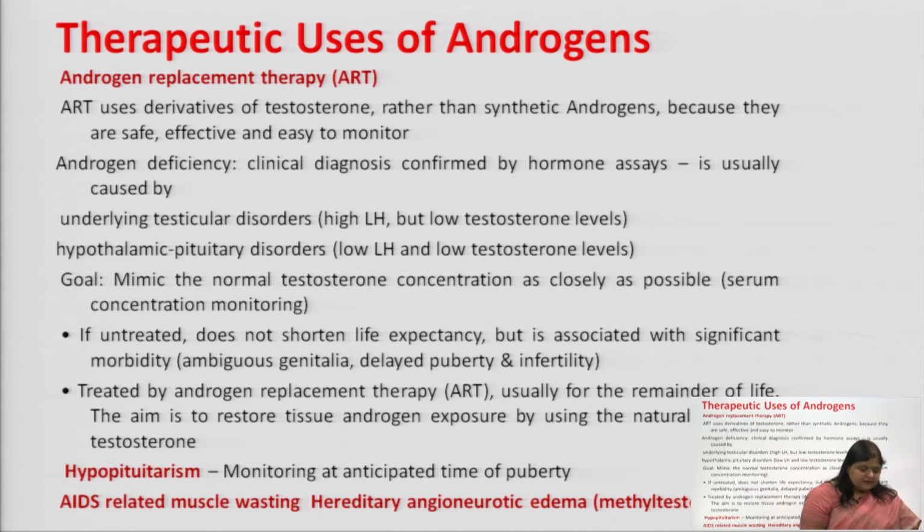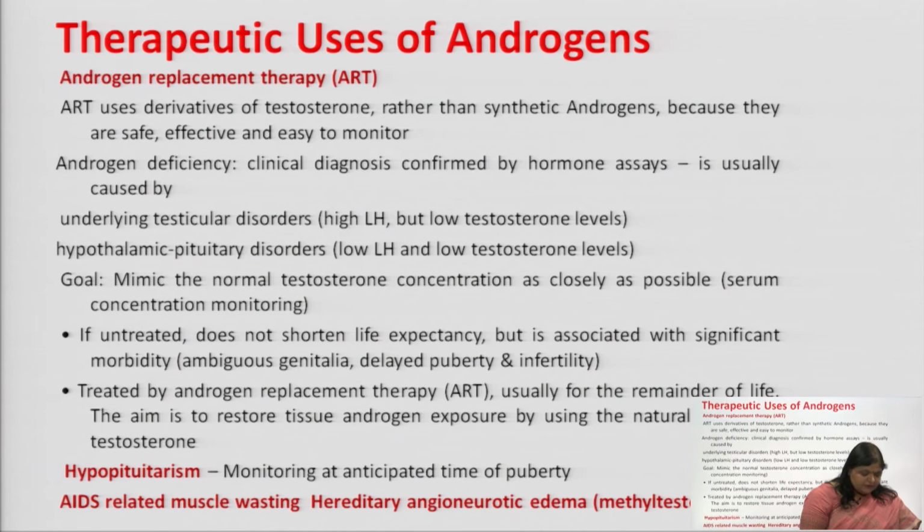So, in that case, the goal is to mimic the normal testosterone concentration as closely as possible, so that the proper concentration of testosterone is maintained in the serum. So the aim is to restore the tissue androgen exposure by using the natural androgen testosterone.